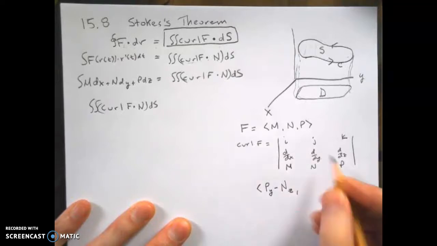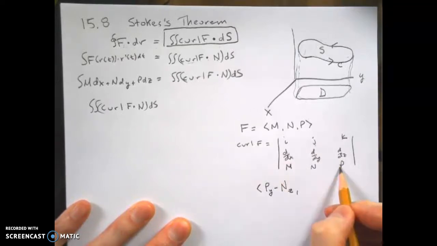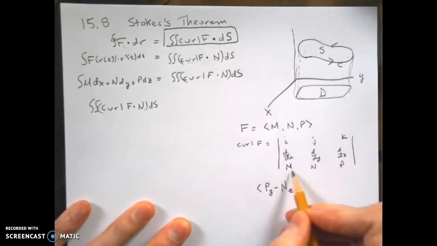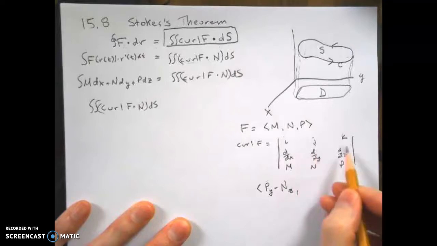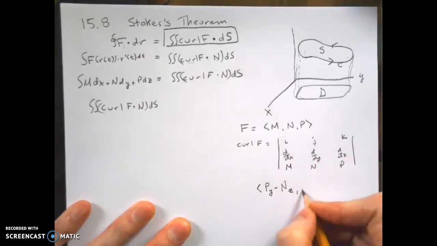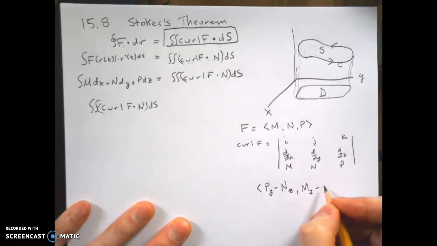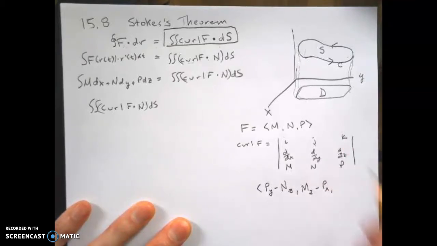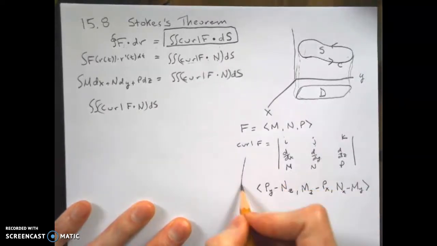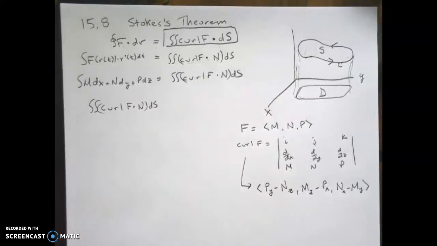And then for j, we've got the x partial of P minus the z partial of M, but it's the j, so I'm going to switch that order: the z partial of M minus the x partial of P. And then in the k direction, I've got the x partial of N minus the y partial of M. So that's the curl. The curl of F equals this thing.